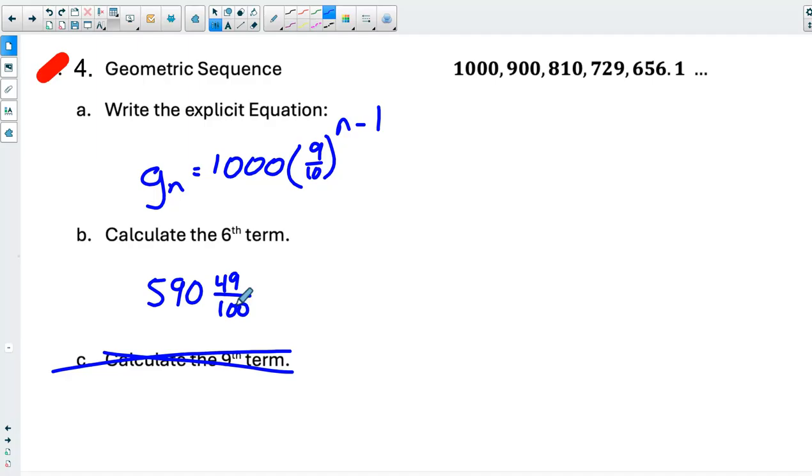Now, if you were brave enough to calculate letter C, and you hit fraction to decimal, your calculator does not actually change it to a fraction. That's because your calculator doesn't always know how to. So, for our class, if you try it and it doesn't work, show it to me, especially if it's the test.